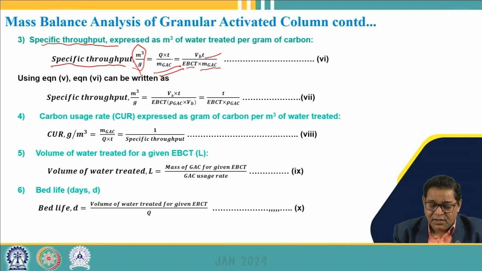So we can use either of the two equations to find the specific throughput volume, which is basically the amount of volume of water being treated per unit of adsorbent.